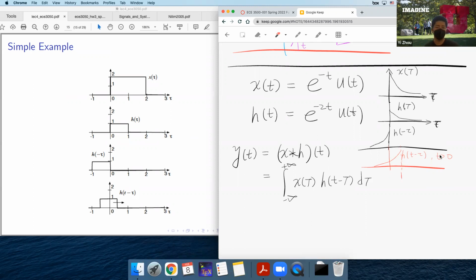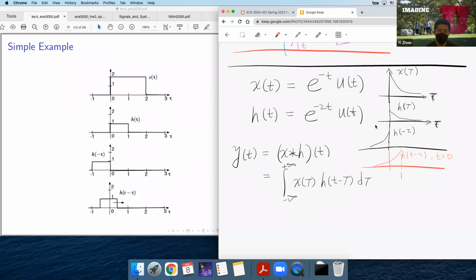But if t is negative, meaning that we shift this signal to the left, then these two curves are completely separated. There's no overlapping between them, and the convolution will be 0.